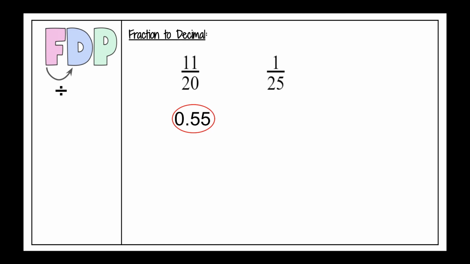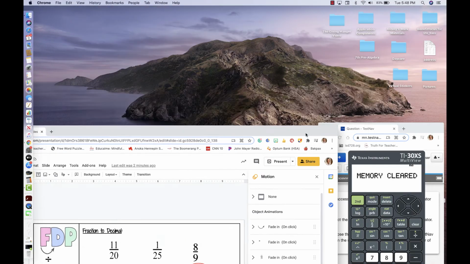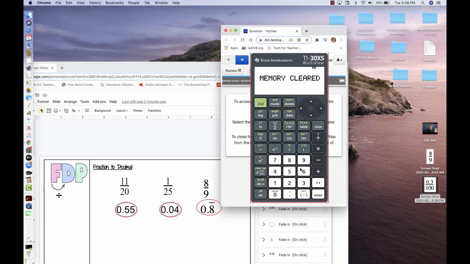Write down the next example, 1/25. We're going to type in 1 divided by 25. It's going to give you 4 hundredths. And the last example, just to practice changing from a fraction to a decimal, type in 8 divided by 9. Now, when I do that on my calculator here, I'm going to go 8 divided by 9.